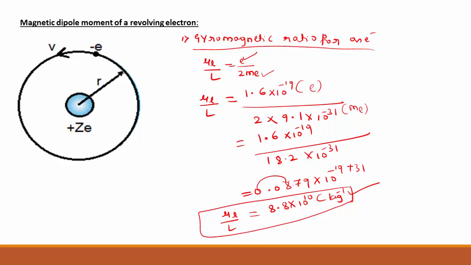Next, I am going to calculate the estimation of Bohr magneton, that is the second point.